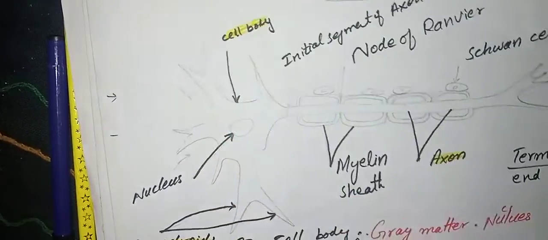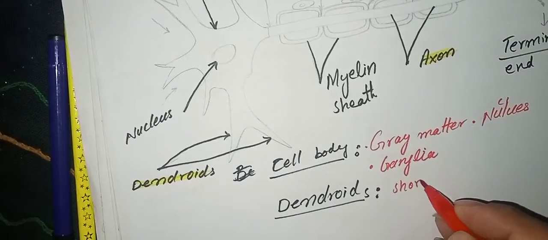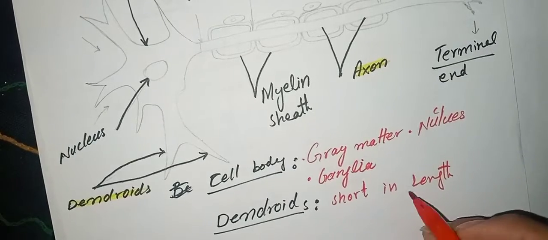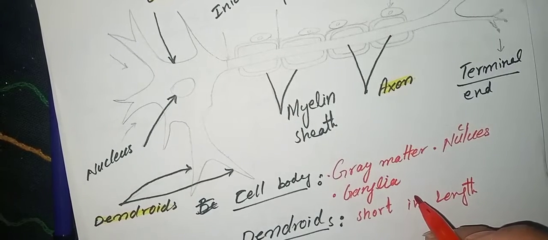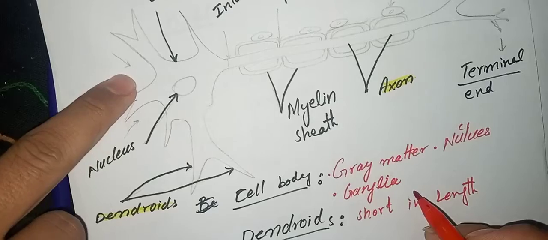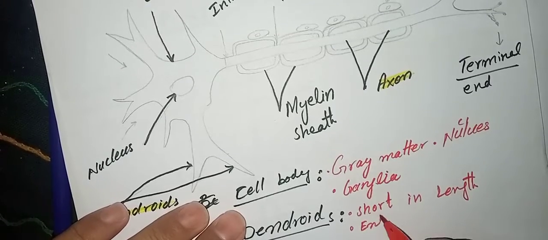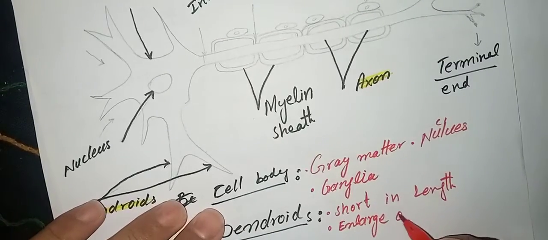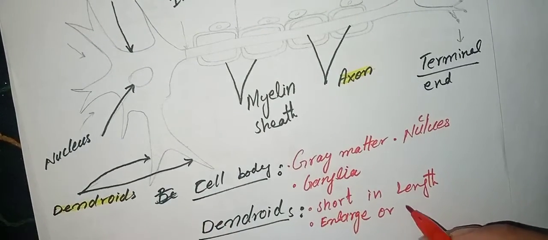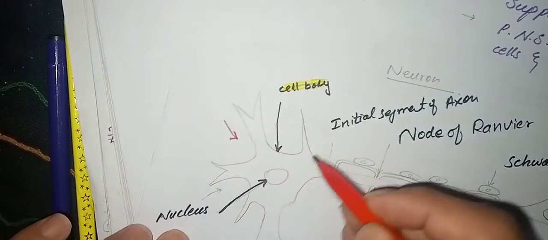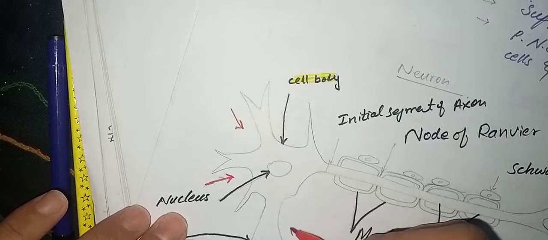Dendrites are short in length, but large, or you could say thick. Dendrites bring the messages toward the cell.